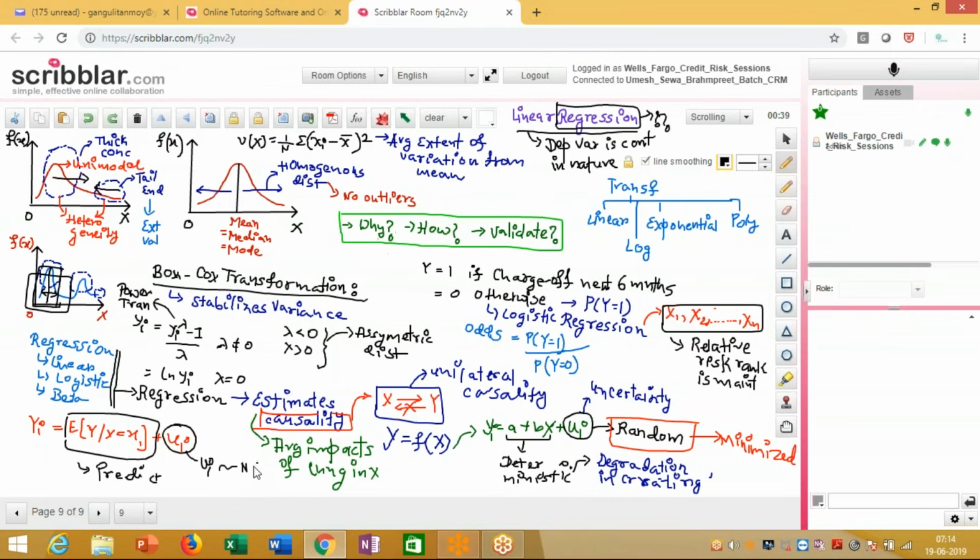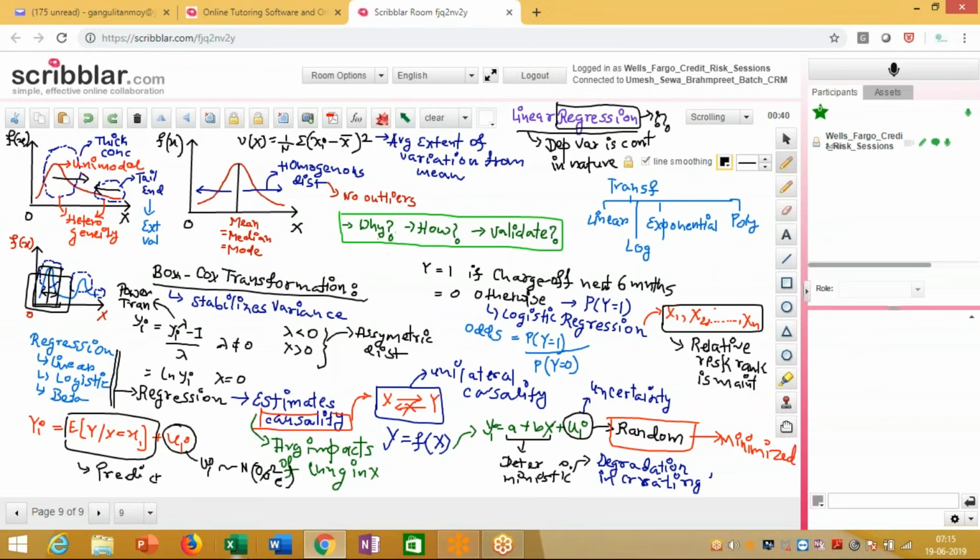So what we say is that ui follows a normal distribution with mean 0 and variance sigma squared. So the moment I say this, I am defining this ui as a random process.